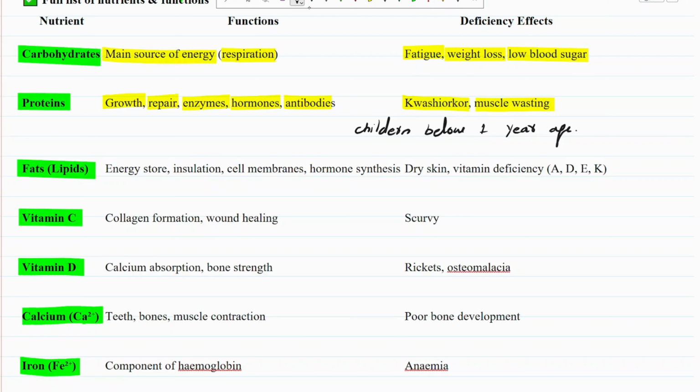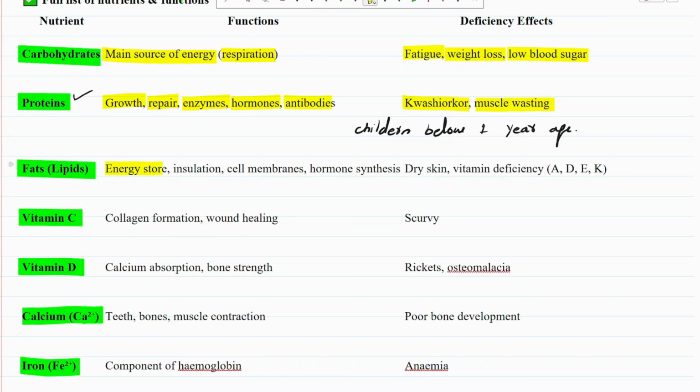The children may look smaller than their age, their body does not grow, they have a swollen belly, and their body looks like a skeleton. This is due to a long, prolonged deficiency of protein in their diet. That's a severe kind of malnutrition. We will discuss the effects of deficiency of proteins later in this chapter.